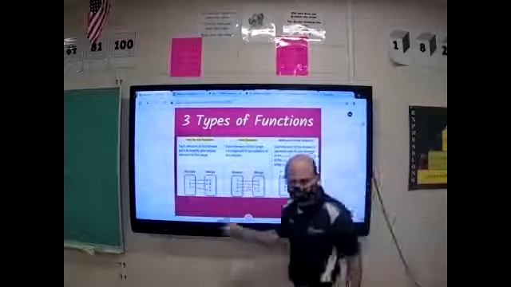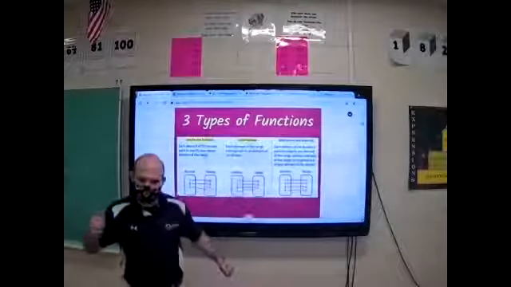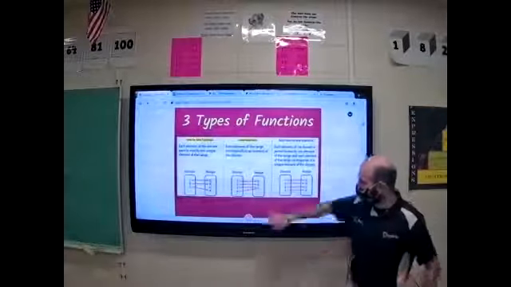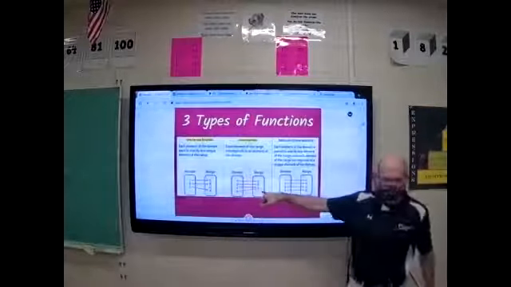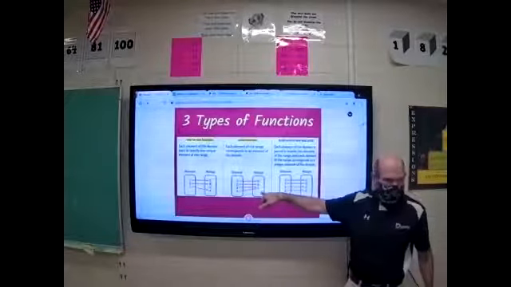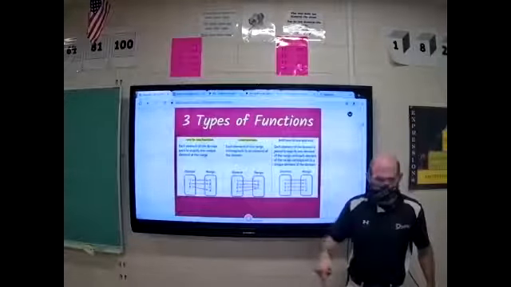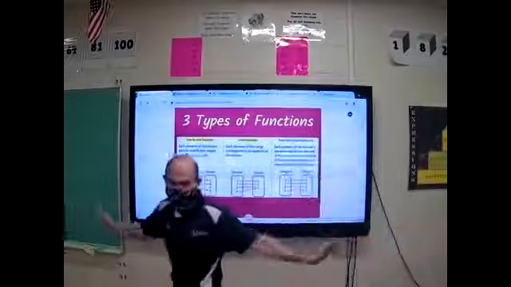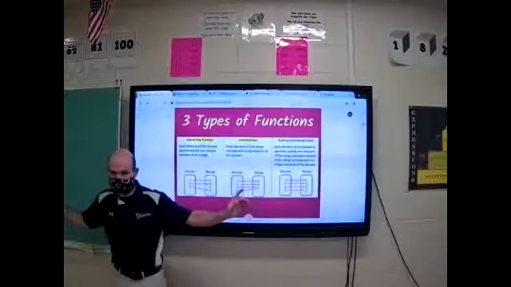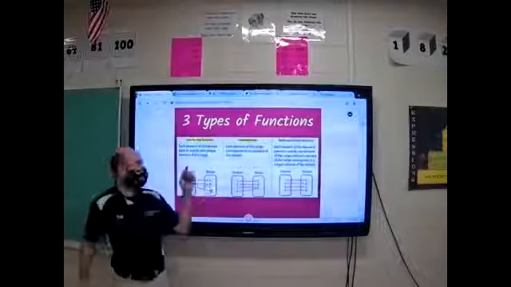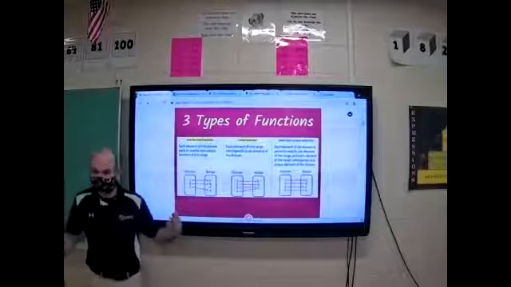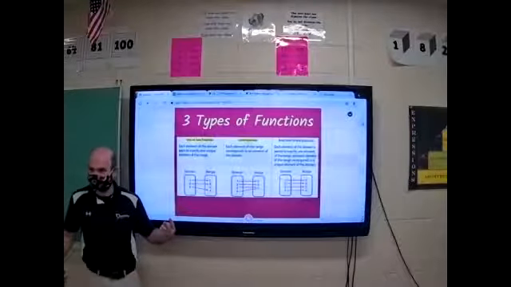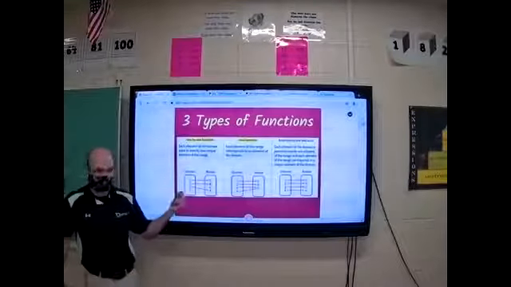Onto means everyone from the domain is dancing with somebody, and everybody from the range is dancing with somebody. These two guys can be dancing with that one girl. As long as everybody's on the dance floor, it is onto. There's nobody standing off by themselves watching everyone else dance. That is onto. It is 1-to-1 if it's like a couples dance and everybody's on the floor. Everybody has a unique pair.